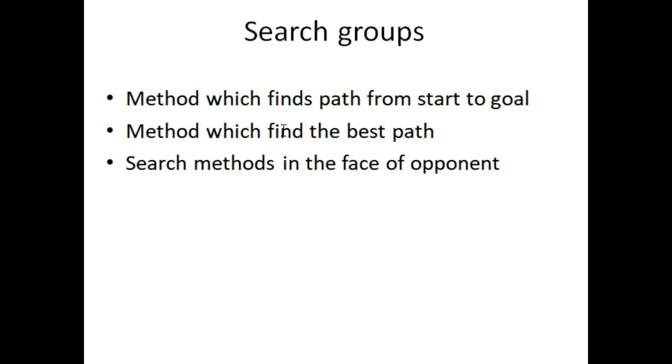The focus of this group is to find the optimal path. If there are multiple paths from initial state to goal state, then it will pick the shortest path, or the path which has the minimum cost. So these types of search group are ऑप्टिमल सर्च टेक्निक. हम इसके ऊपर भी बात करेंगे कि व्हाट इज ऑप्टिमल सर्च.